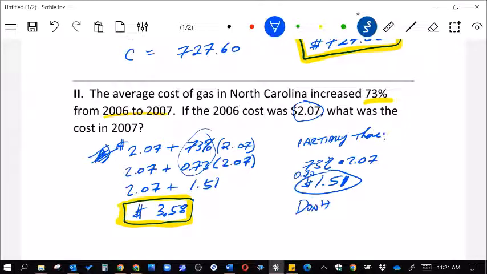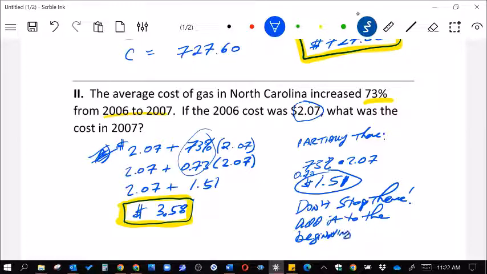If you get the increase, don't stop there. Add it to the beginning amount. That makes it a two-step thing. You get the $1.51, then you add it to 2.07. You can already do that if you set up the equation that way.